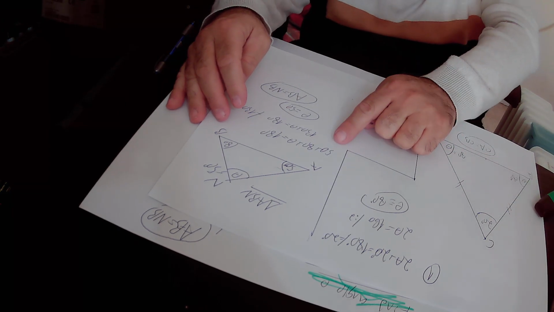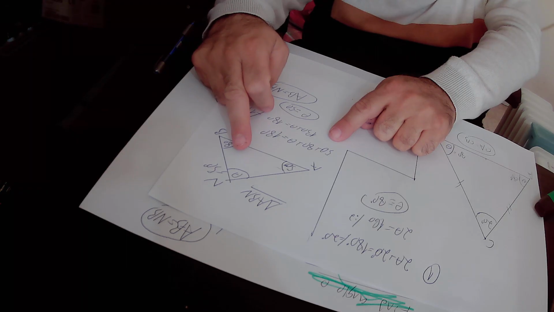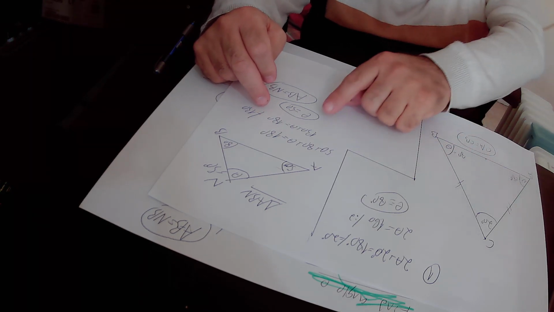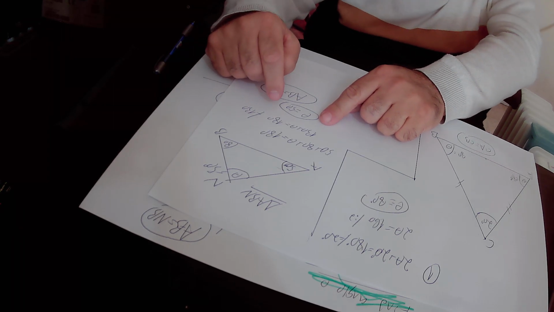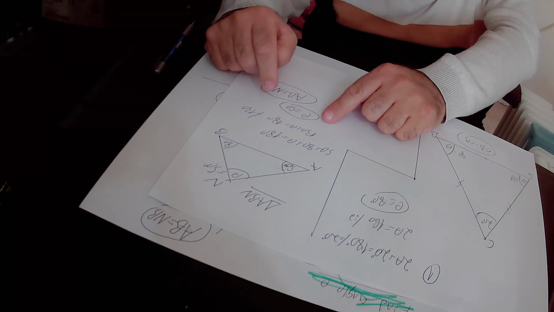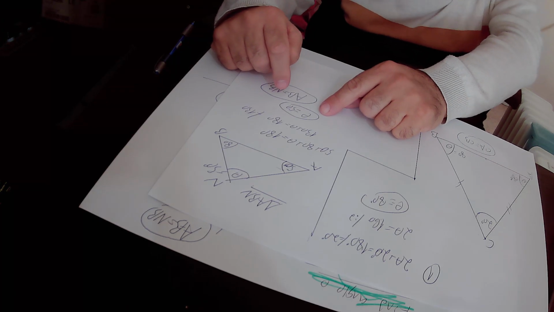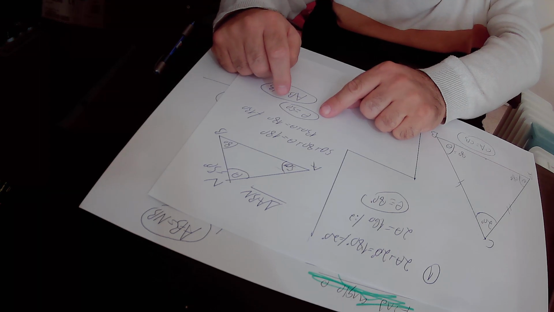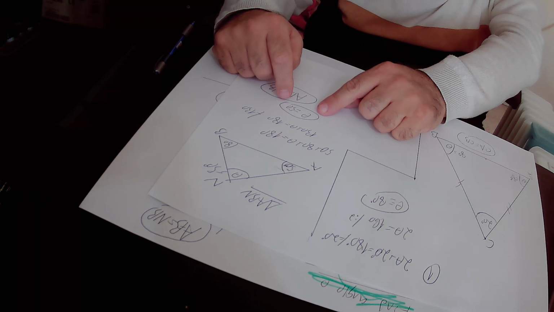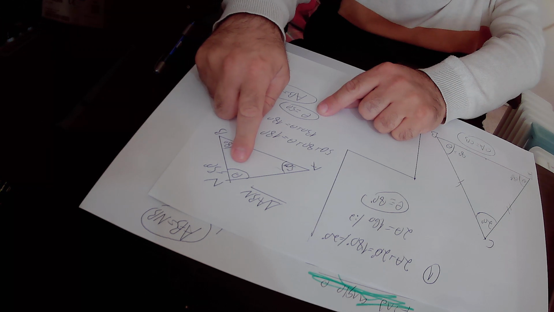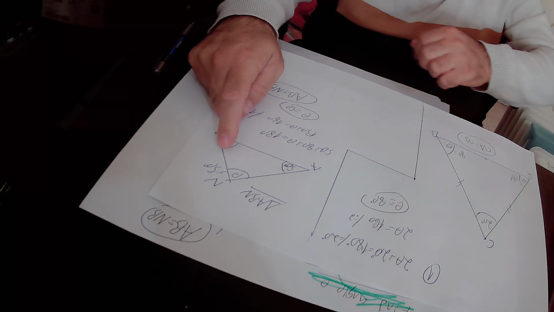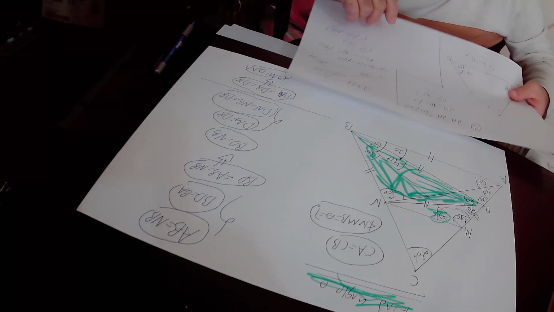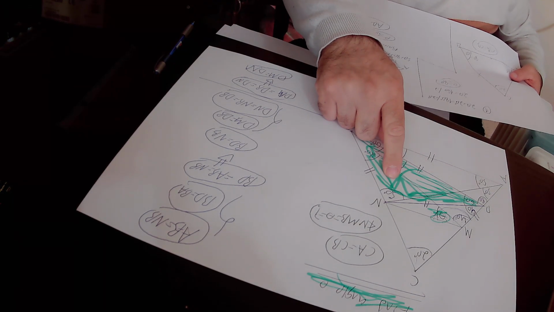So 50 degrees plus 80 degrees plus the missing angle theta must equal 180 degrees. 50 plus 80 is 130, so 130 plus theta equals 180 degrees. We subtracted 130 degrees and found that theta equals 180 degrees minus 130 degrees, which is 50 degrees. That is to say, angle ANB equals 50 degrees in its size.